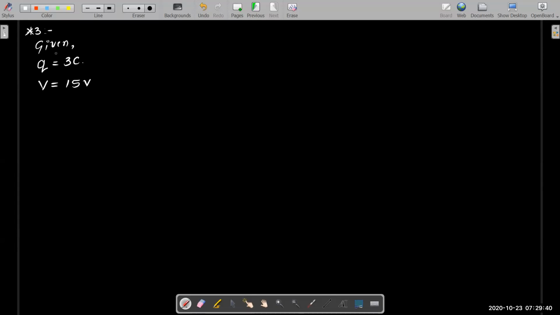See what they have given. They have given charge, that is Q is equal to 3 coulomb, and the potential difference V is equal to 15 volt. These are the two things they have given, and they have asked you to calculate the amount of work done.